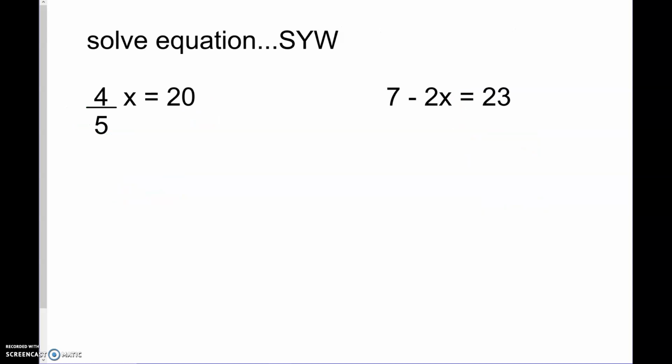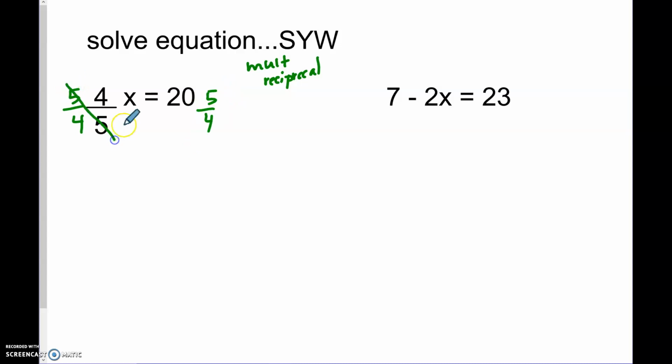All right, remember when we have a fraction in front of here, like 4/5, we are going to multiply by the reciprocal. And the reciprocal of 4/5, just flip it so it becomes 5/4.